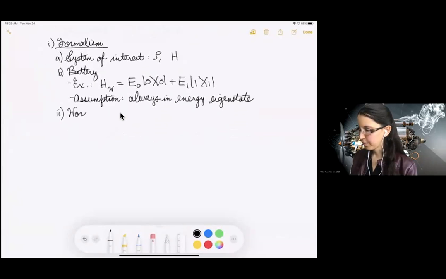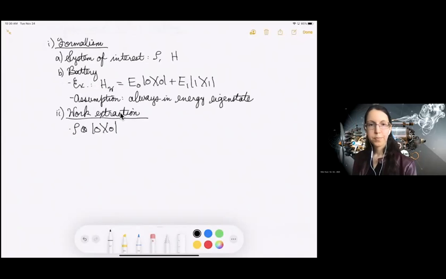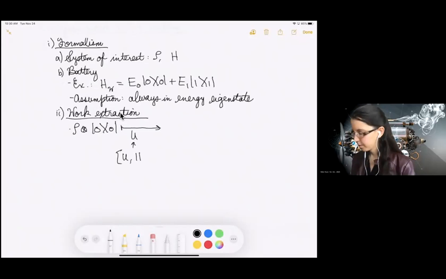Work extraction has the following form. The battery begins in its ground state. We perform some unitary U on the joint state. U is often assumed to conserve the total Hamiltonian.